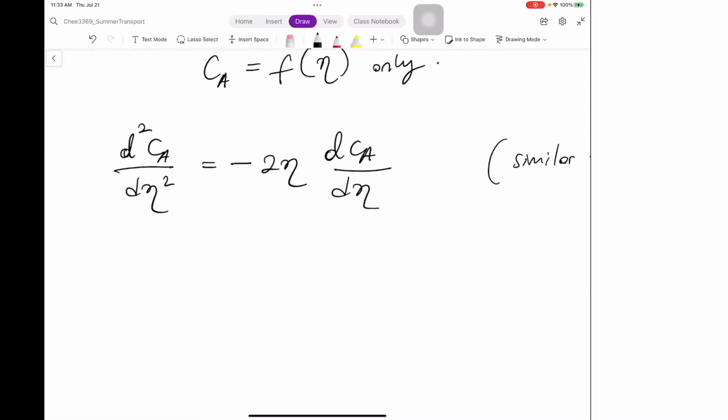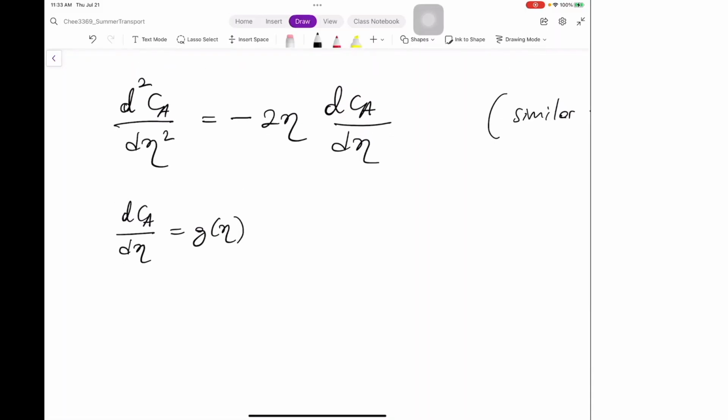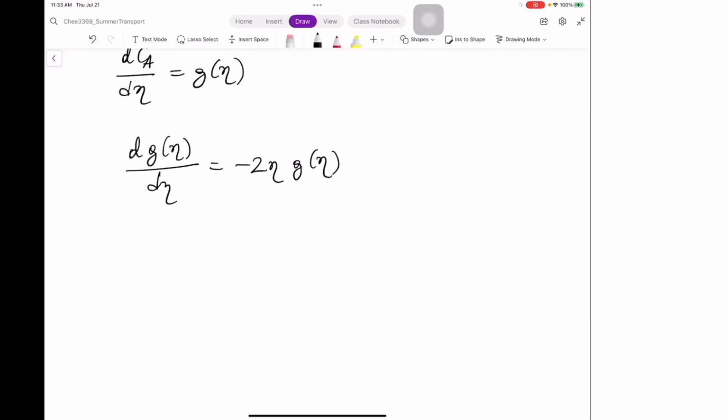But before that, as we did before, you can assume that dCA over d eta is some function of eta. Let's call this g eta. Remember, we use the same technique. The left-hand side becomes the first derivative of g eta, minus 2 eta g eta. From here, dg eta over g eta is negative 2 eta d eta.